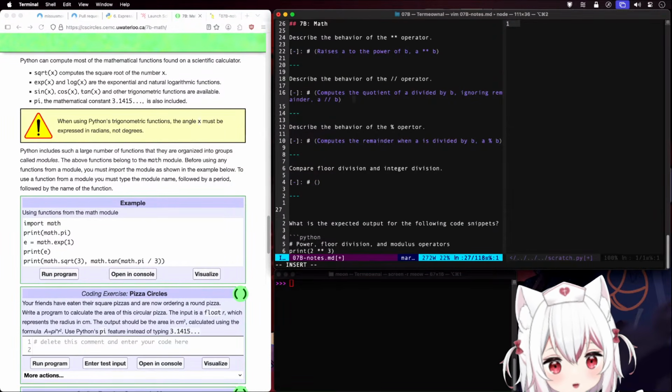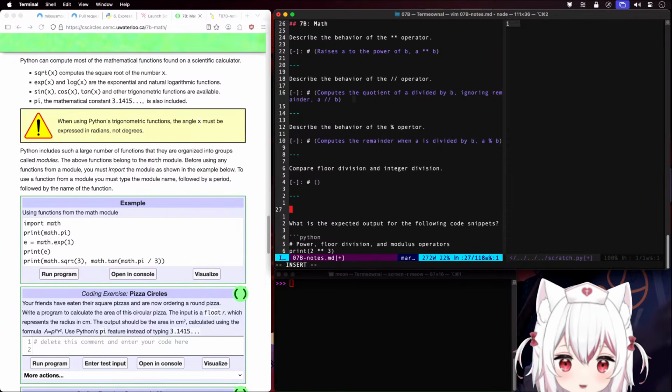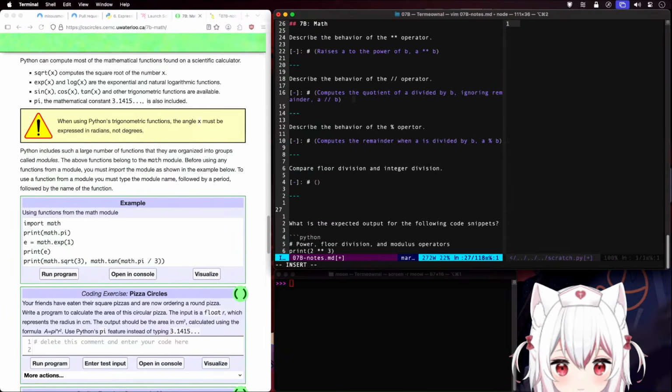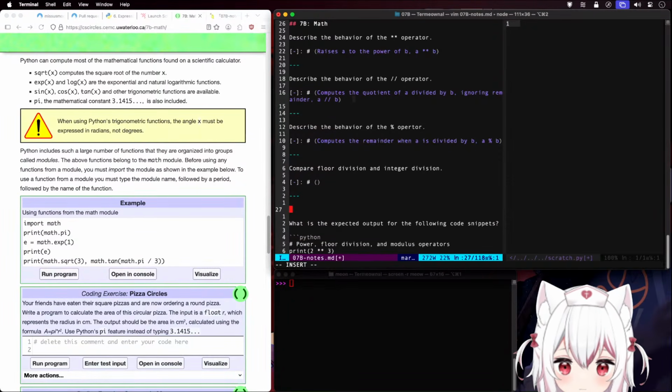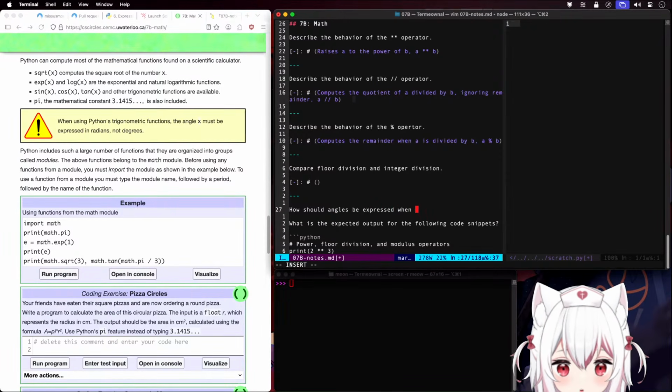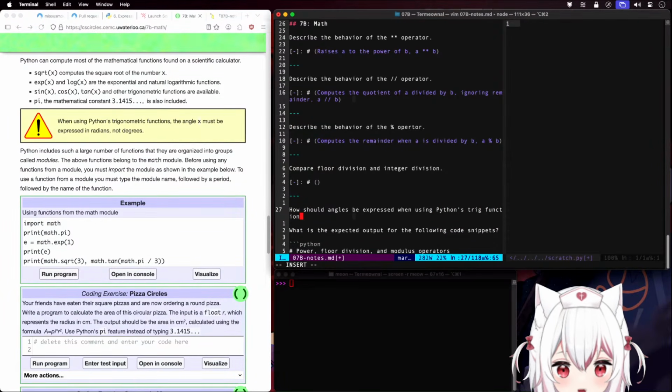And then how should angles be expressed when using Python's trig functions?